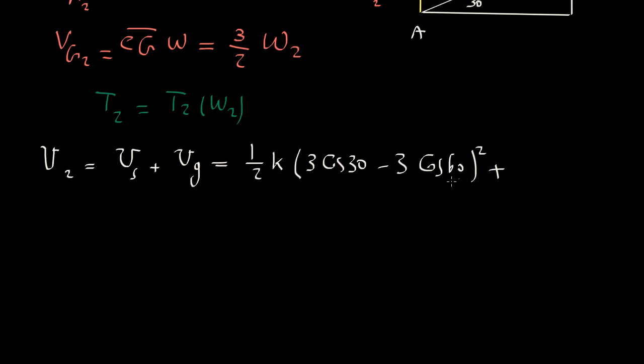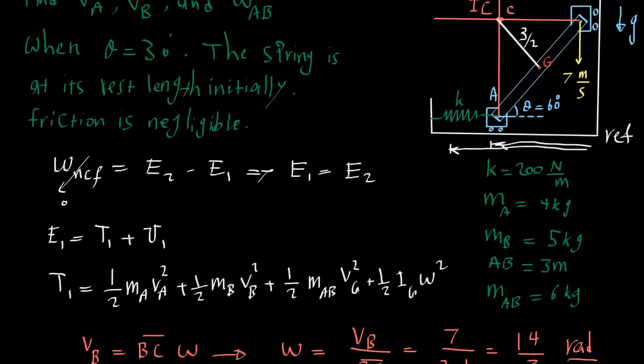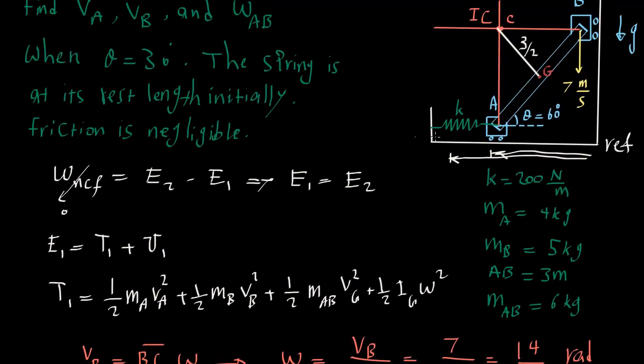For UG, I can say that this would again be the potential energy of A, B, and also link AB. The potential energy of A again is 0 because its height from the reference point doesn't change. But for B, we do have a change in the height compared to the reference line. If this angle is 30 degrees, the height of B compared to the reference line would be 3 times sine 30.